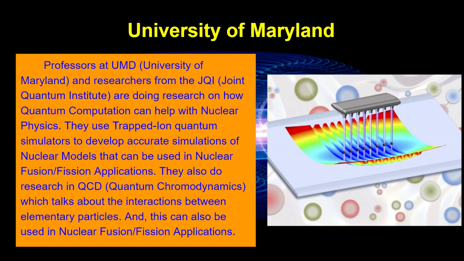They use trapped ion quantum simulators to develop accurate simulations of nuclear models that can be used in nuclear fusion and fission applications. They also research QCD, quantum chromodynamics, which covers the interactions between elementary particles, and this can also be used in nuclear fusion and fission applications.